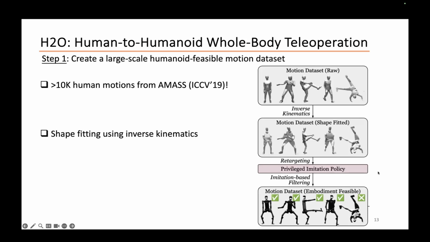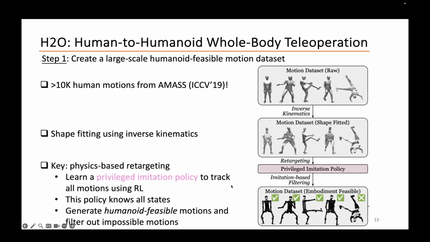So we need a third step. The third step we call physics-based retargeting. The idea is still quite simple. We train a privileged imitation policy to track all the motions in the second row using reinforcement learning. So we basically train the policy in simulation using RL.